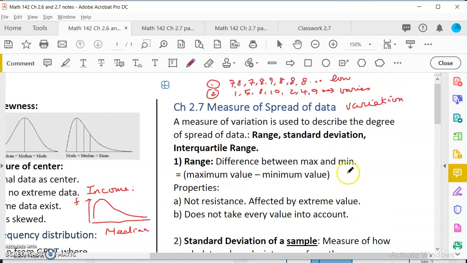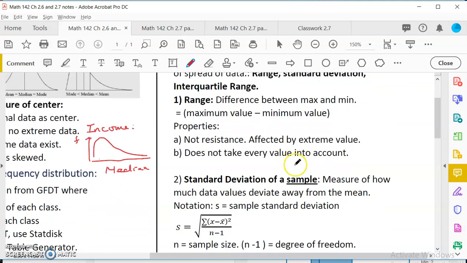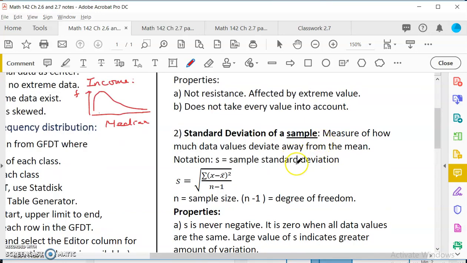Just like the first example, if all of a sudden I have a 0, all these are not very varied, but one extreme data point would make it seem as if they are very varied. So it is not resistant, it is affected by extreme data, and it only looks at the max and min.